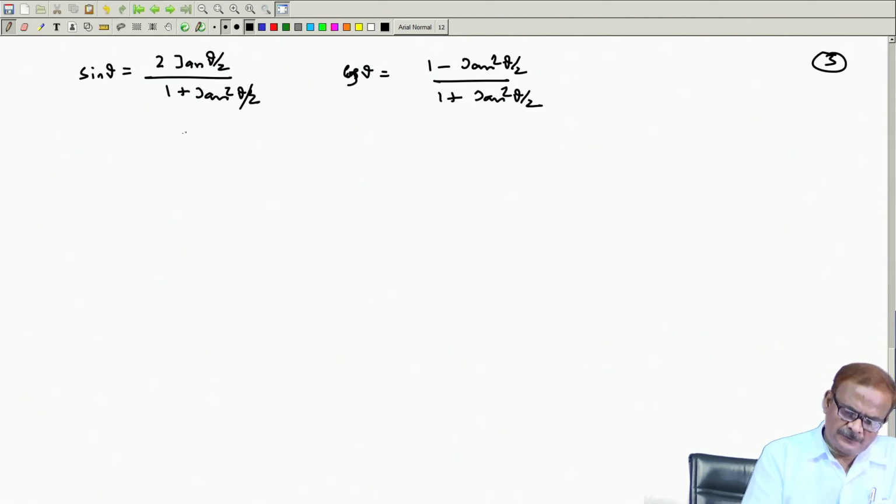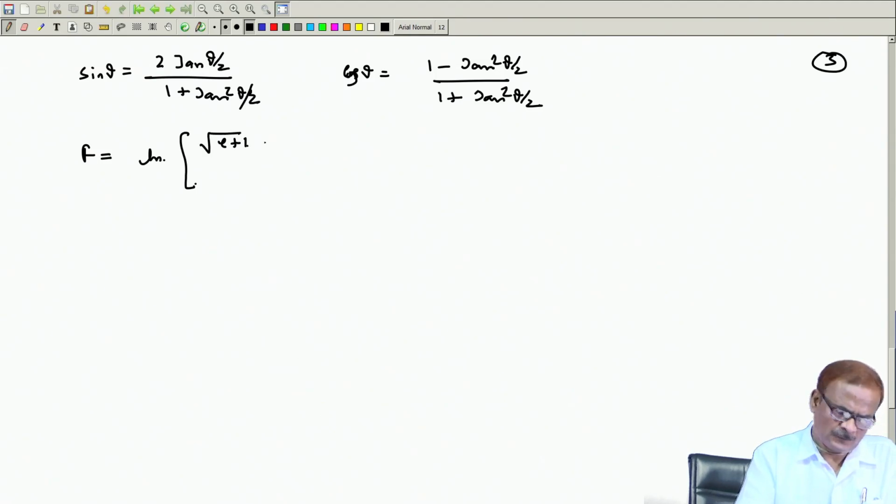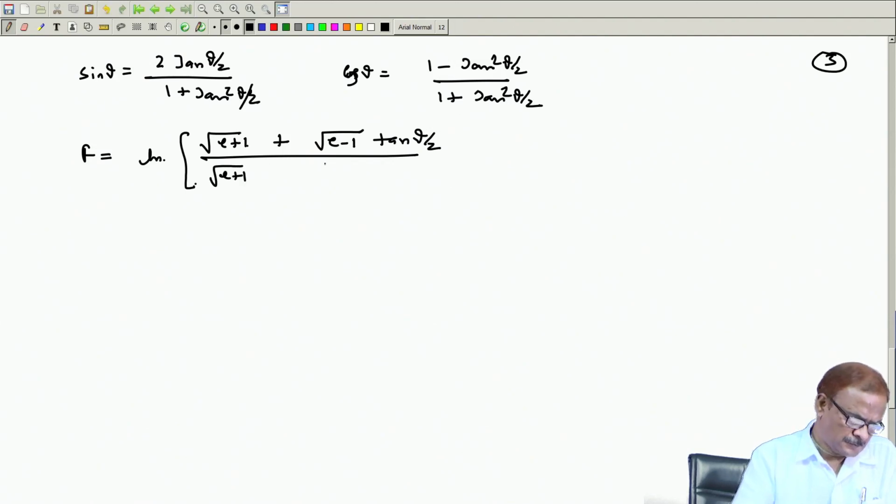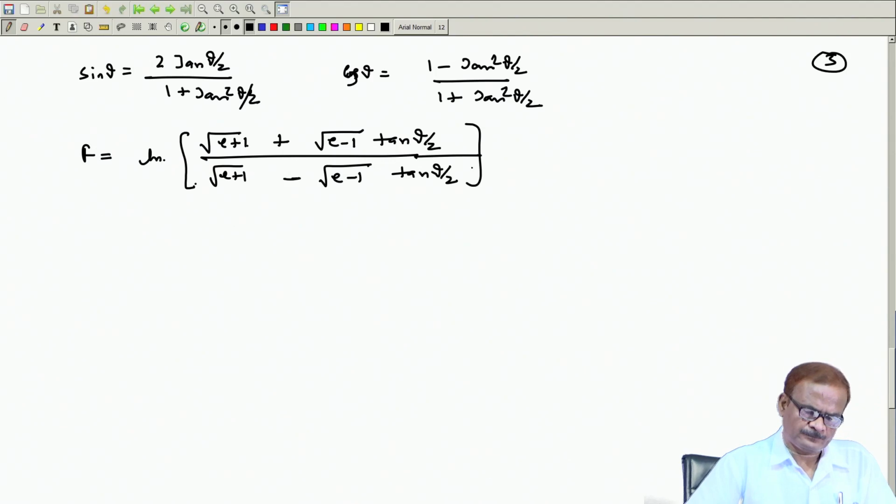This step again you can carry out, and if you insert it, this will get reduced to ln of the simplified expression. Okay, so it is not difficult to derive this particular equation.